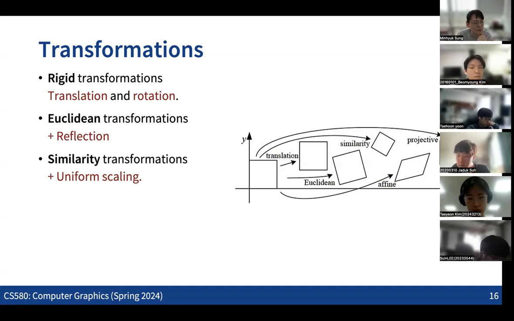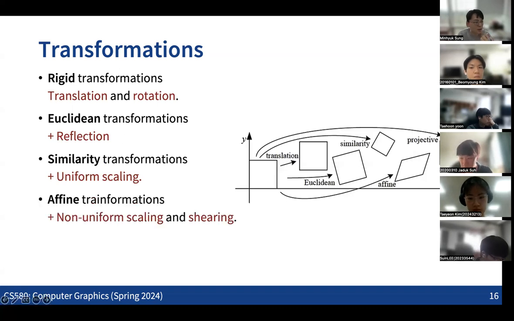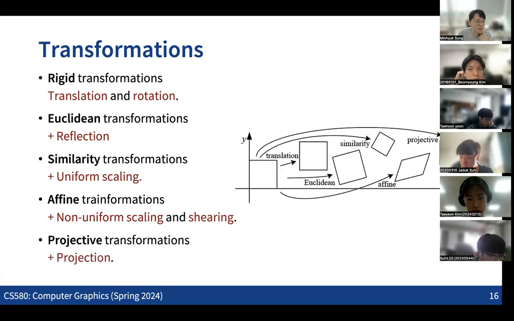Affine transformations are a broader class of transformations where we are also adding non-uniform scaling and then shearing as well. Shearing is like shifting some parts of the objects while preserving the parallelism, as you can see here in this image. Yeah. So those are the cases of the affine transformation, and the projective transformation includes everything, including the projection as well. So those are the classes of the transformations.